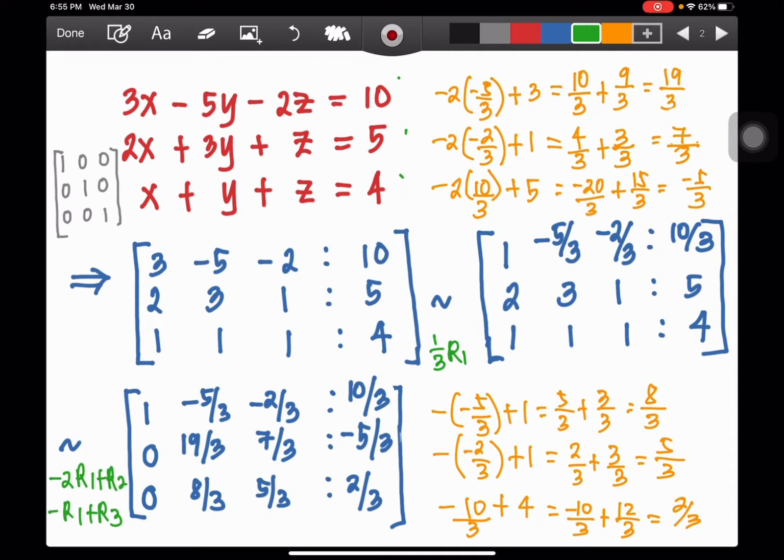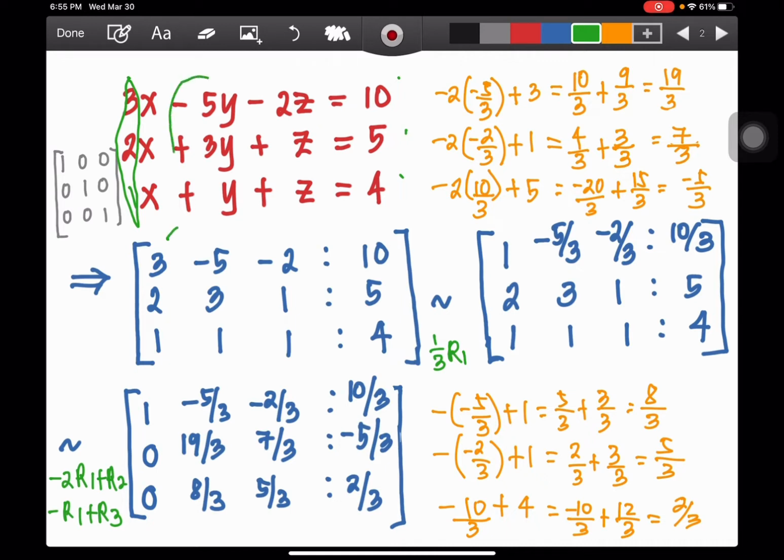Now, in linear algebra, we have an alternative in solving for the values of x, y, and z. The first thing that we're going to do is determine our coefficients. The coefficients here are, if you cannot see a number, obviously that's 1, 3, 2, and 1.